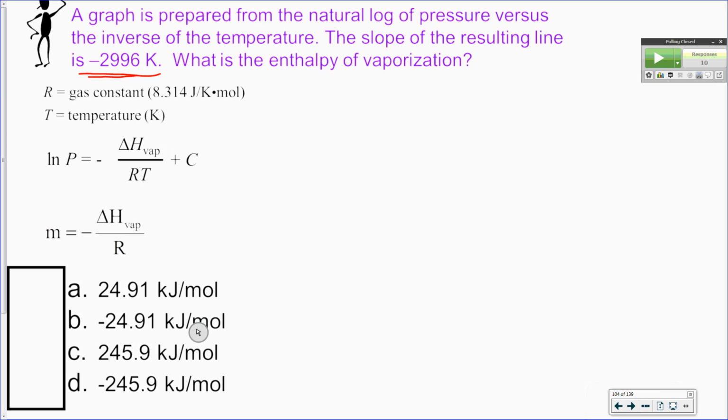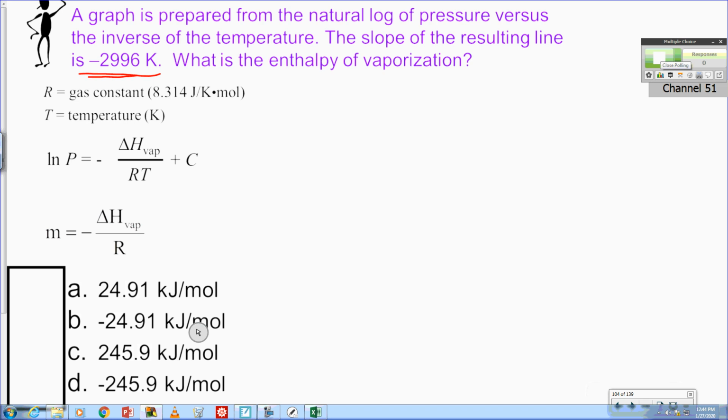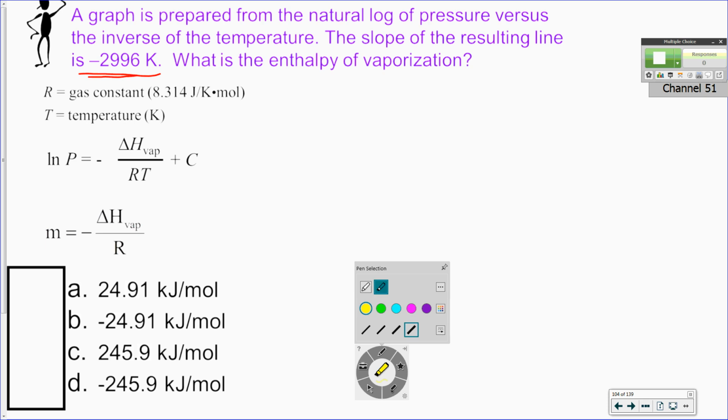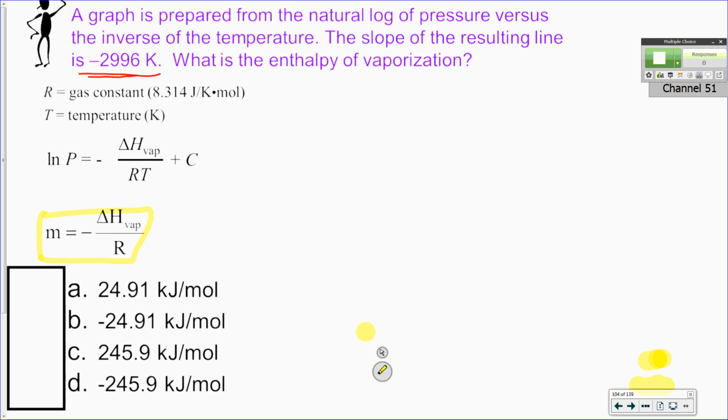You've got the slope. Here's your equation. Gave you the value of R.